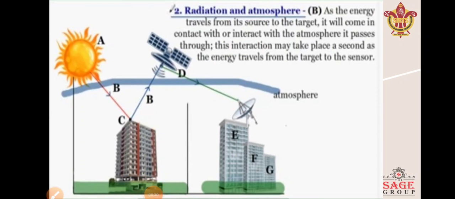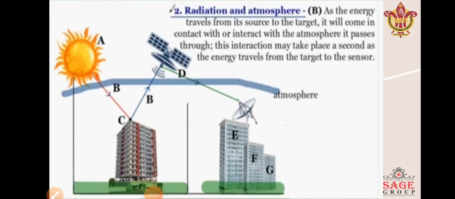This blue line is the atmosphere. The sun is an energy source from which electromagnetic radiation is emitted. This radiation is absorbed and reflected by our target of interest. This radiation passes through the atmosphere to our sensor or satellites.